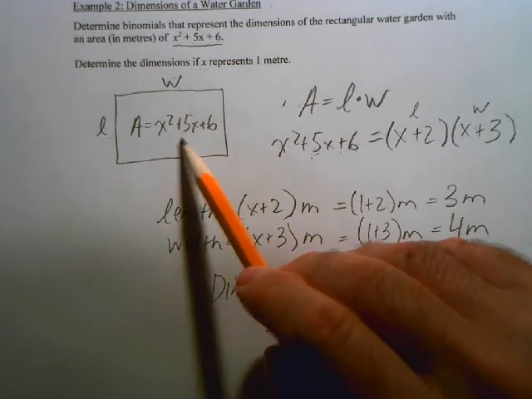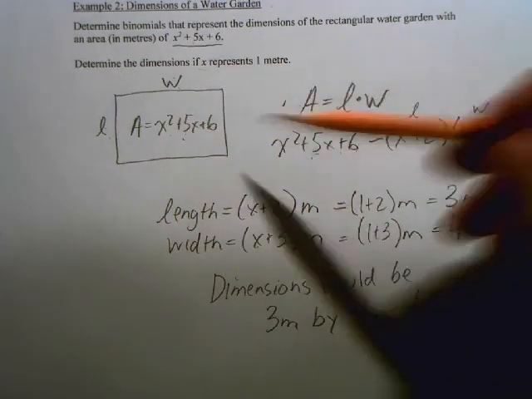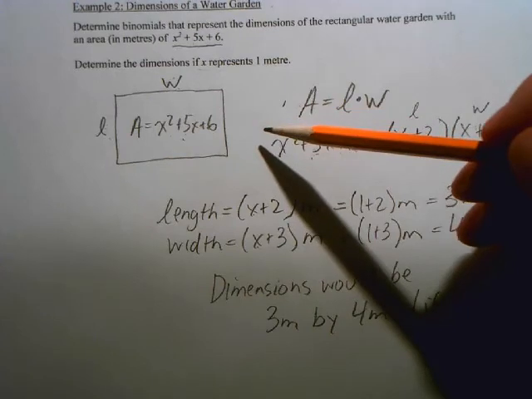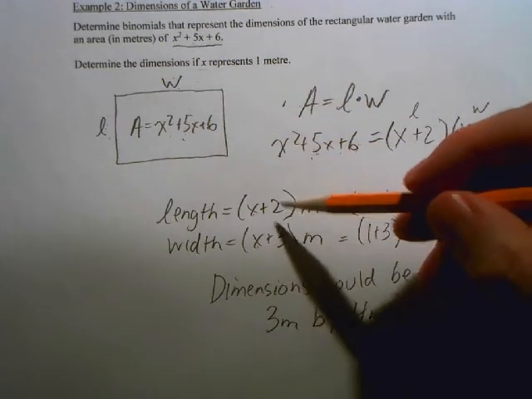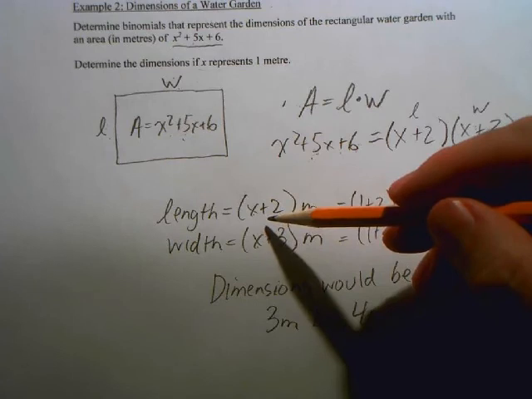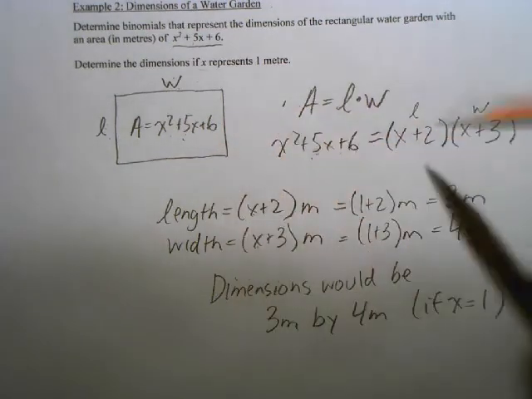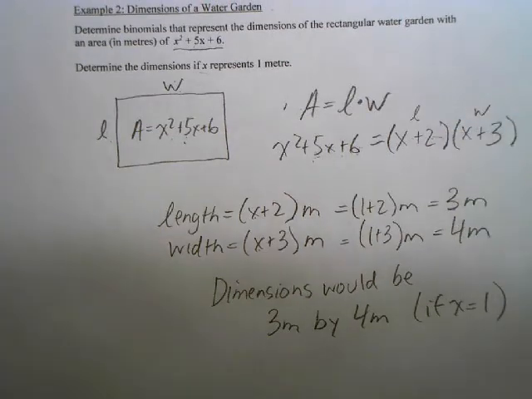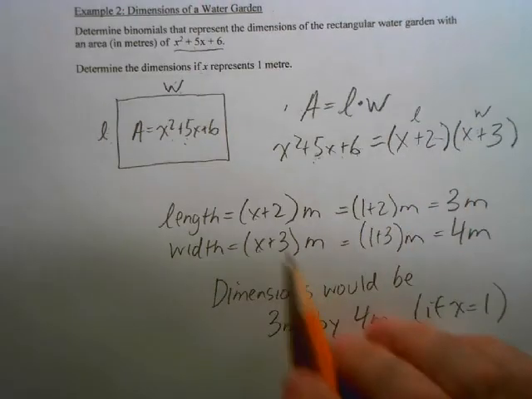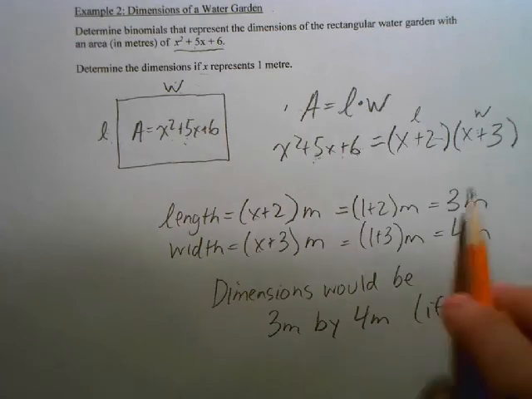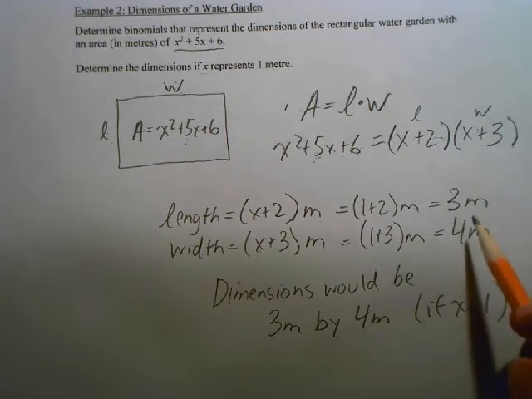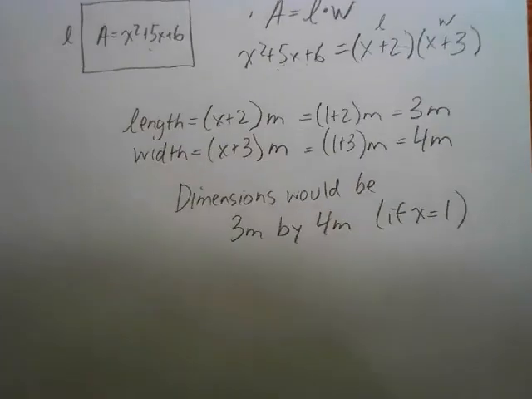The only two things that multiply to get this would be two expressions, both start with x, and add two numbers. We figured out what those factors would be, and then used them to calculate the actual length and width.